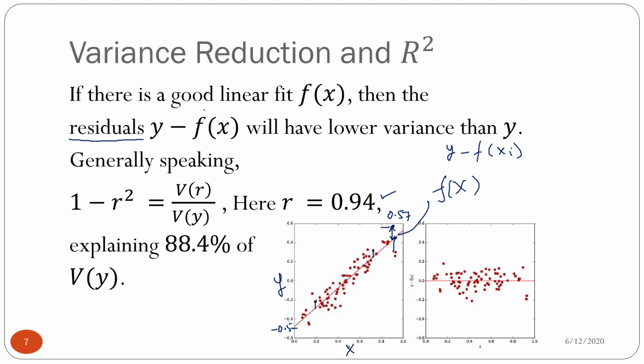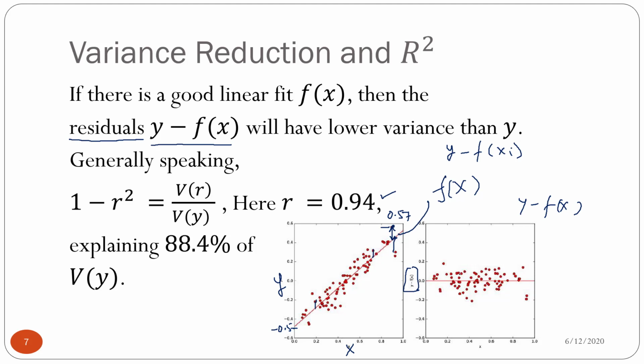So how good this line is as a fit for this data will be evaluated by computing the residuals, which is y minus f(x). On the right hand figure, we are plotting the residual. This thing right here, which might be difficult to read, is in fact y minus f of x. Alright, so look at the distribution of y minus f(x).